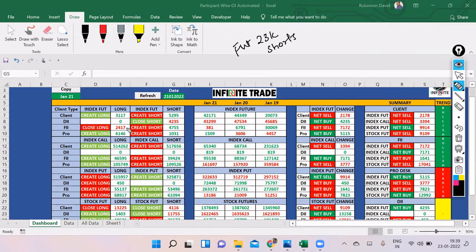Again, if you look at Friday's position, they have closed future long and created future shorts. So they continue to be bearish. But if you look at call and put options, they have about 7,000 call long and 1,600 put long. The options data is pretty limited because it is a Friday.